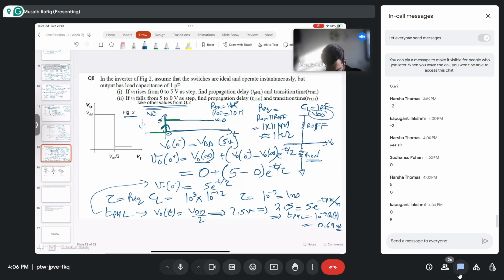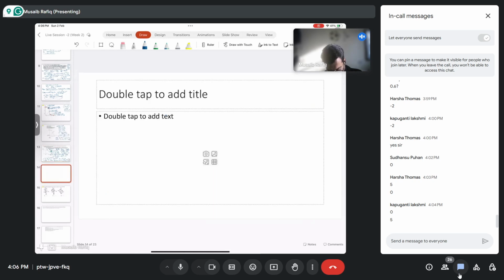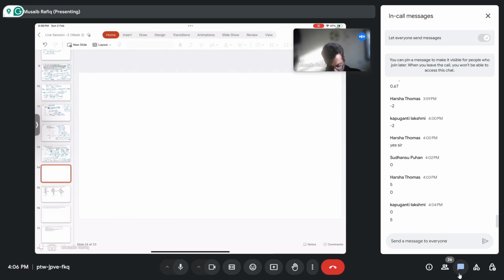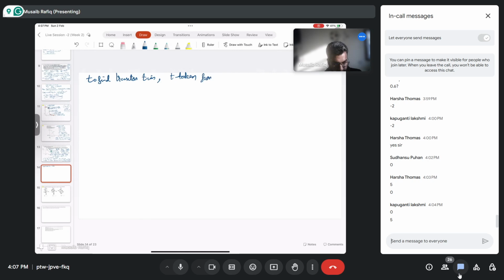Now we'll do part 2 of it. We need to find the transition time. So to find the transition time, it is basically the time taken from V0 equal to 4.5 volts to V0 equal to 0.5 volts.